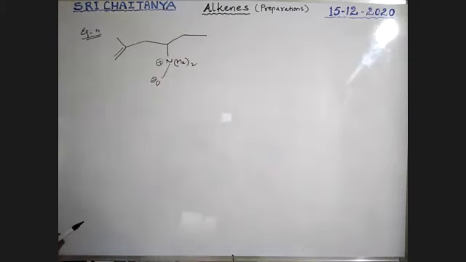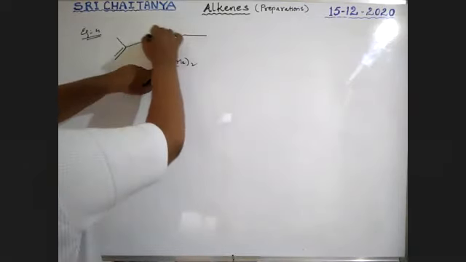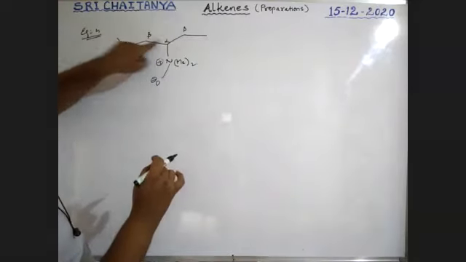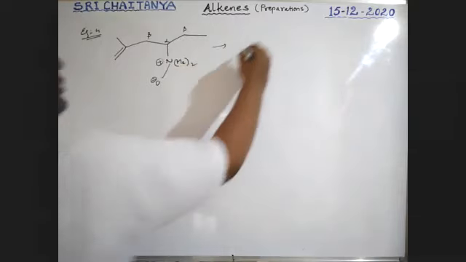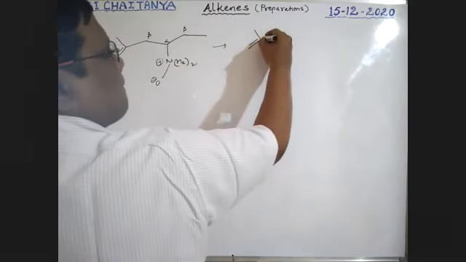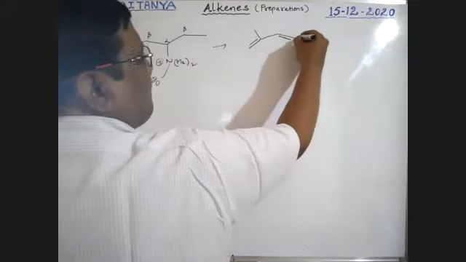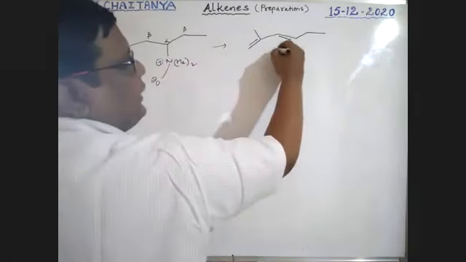Tell me your answer. This is nitrogen, boys. This is alpha. This is beta. This is also beta. Between these two, a pi bond formation takes place. Therefore, our answer is this, the final answer, because conjugation is there. It is a major one.